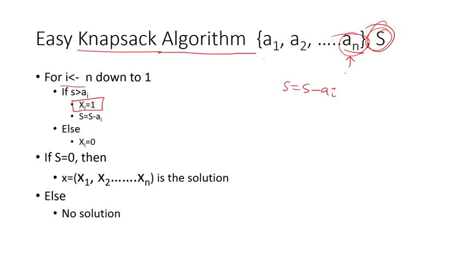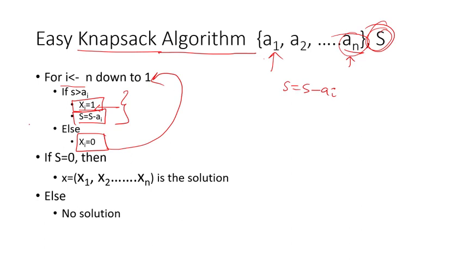I'll give you certain examples so that you understand this. But if s is greater than ai, you will assign xi as 1. You will find the difference of s minus ai. Otherwise, you will just assign xi equals 0. And this program will run until you reach the final number, which is 1, which is the end of the overall loop.